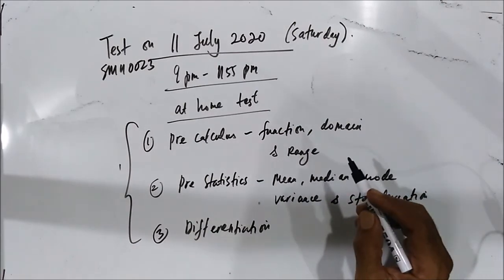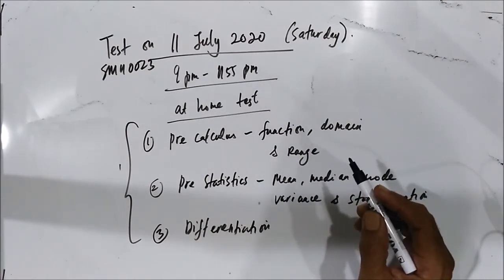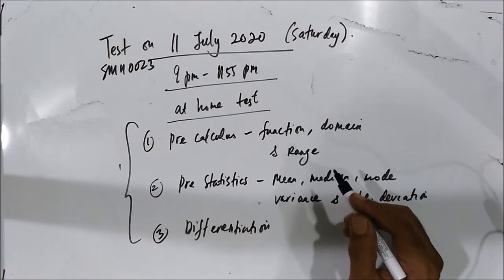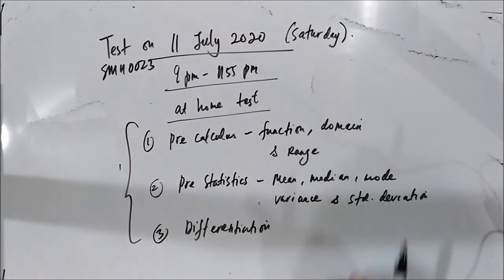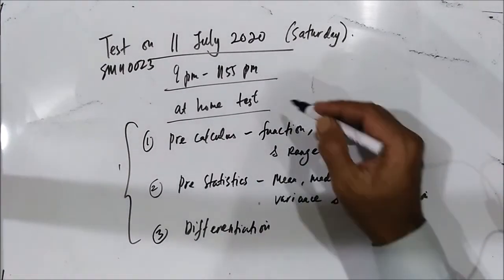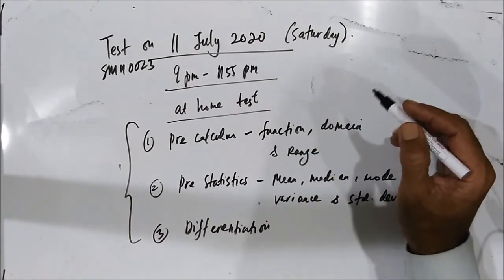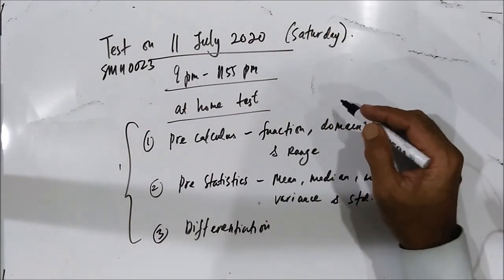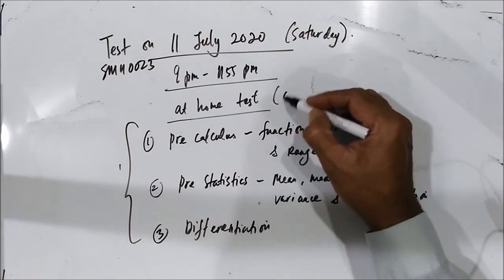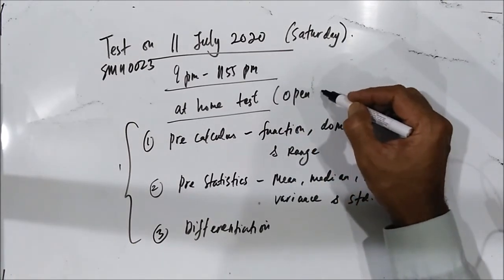The test will be held on 11 July 2020 on Saturday. The time is from 9 p.m. to 11 p.m. This is known as an at-home test. It's an open book test.